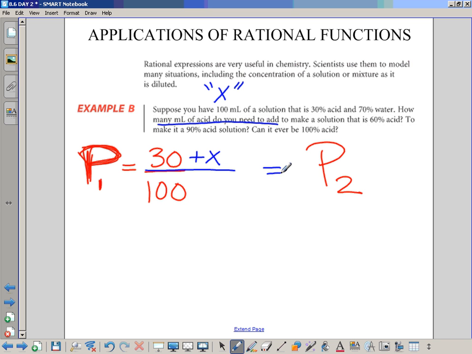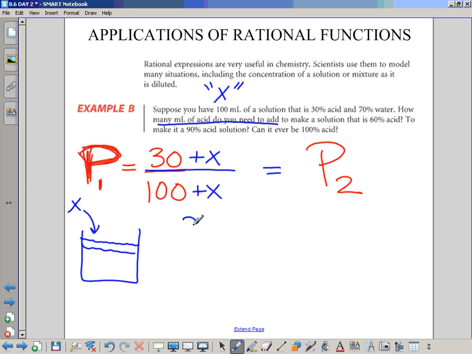Well, if you add X milliliters to the acid portion, you're also adding that amount to the total. If you have this beaker full of liquid and you're adding X milliliters of acid, well, that adds to the top, but it also adds to the total, because the whole amount would rise based on the amount that X is equal to.